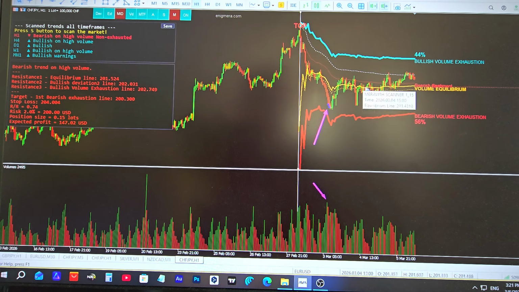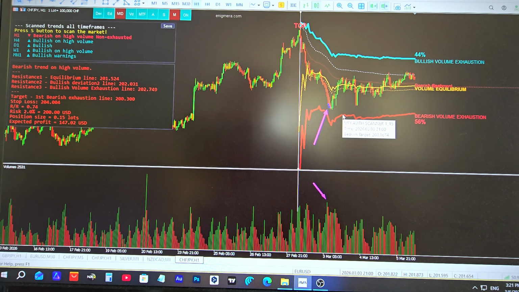This is the volume equilibrium line. The volume equilibrium line represents the place where the bullish and the bearish volume are exactly the same. That means everything that has been sold by the bears is bought by the bulls.